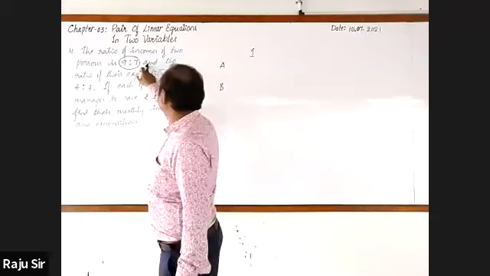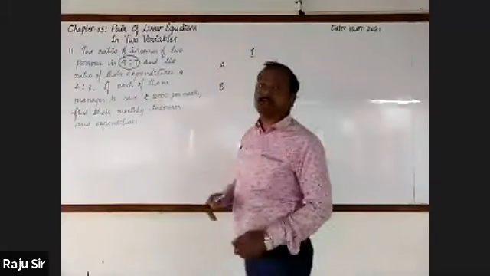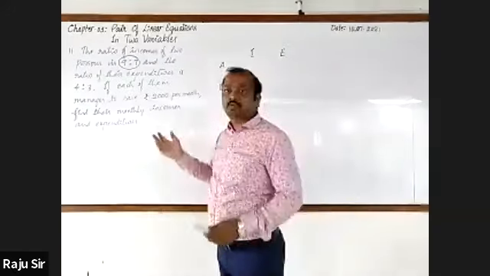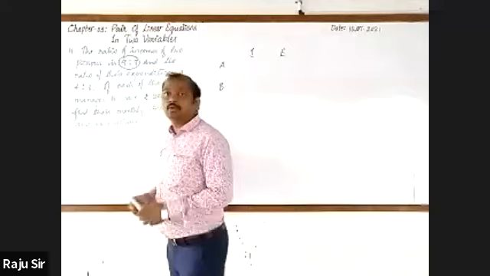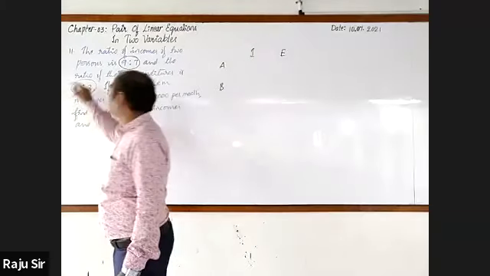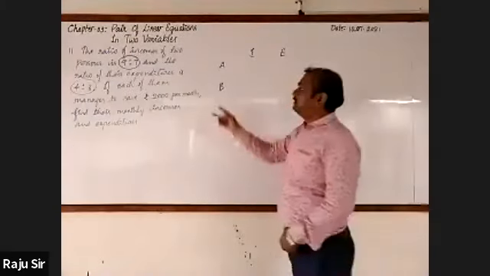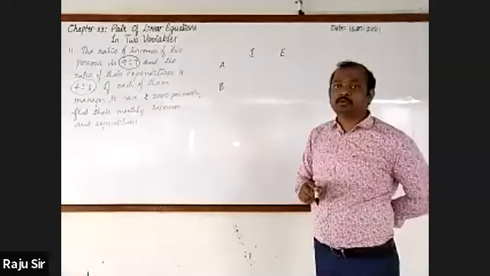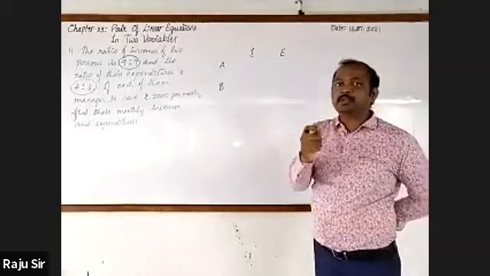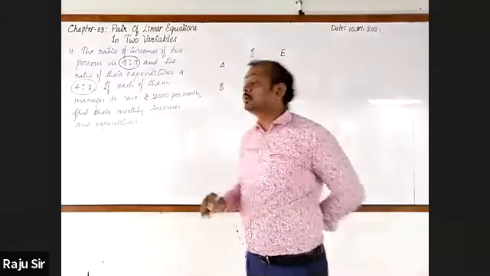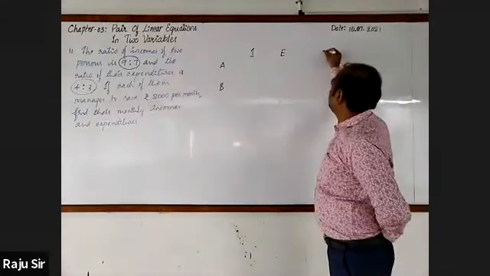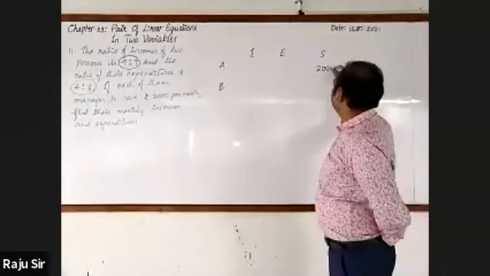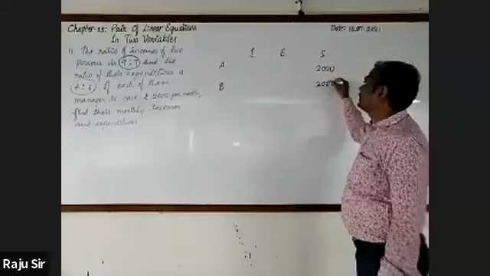And the ratio of their expenditures is also given, that is 4:3. Then each of them will save rupees 2,000 per month. Person A will save 2,000 rupees. Person B will also save 2,000 rupees.